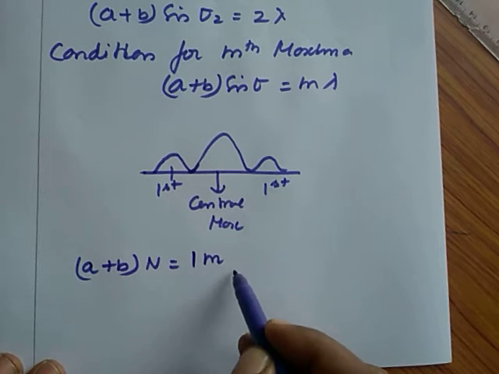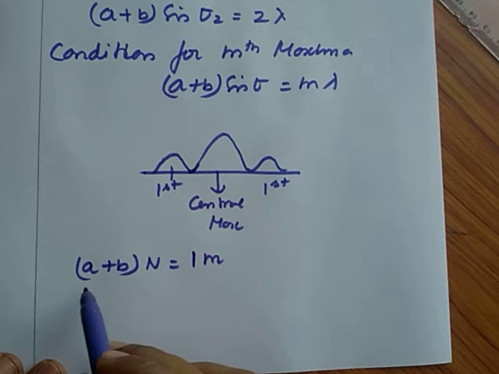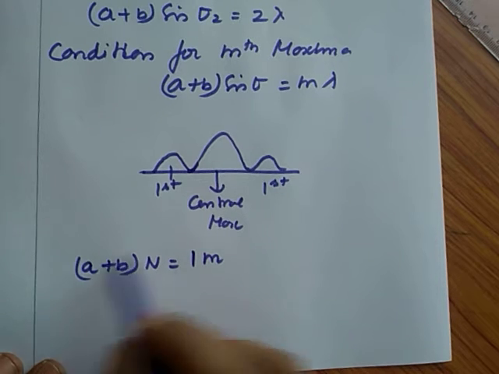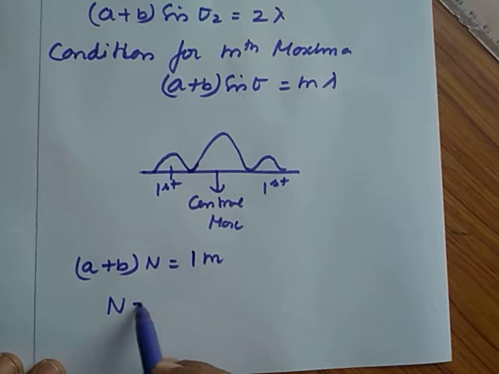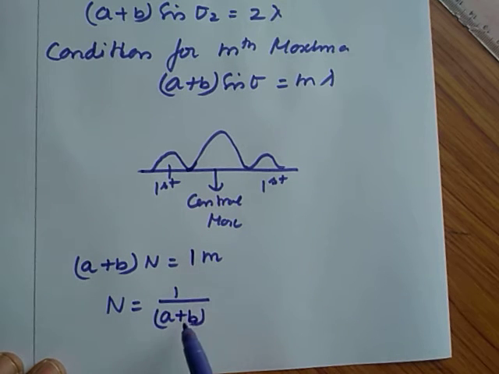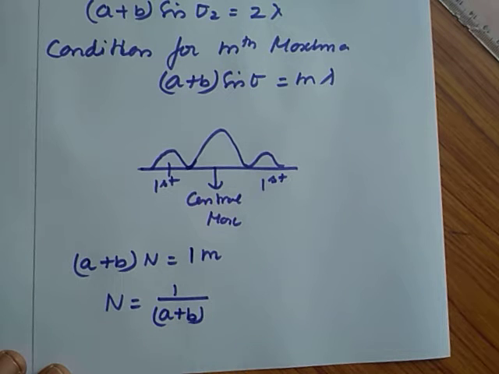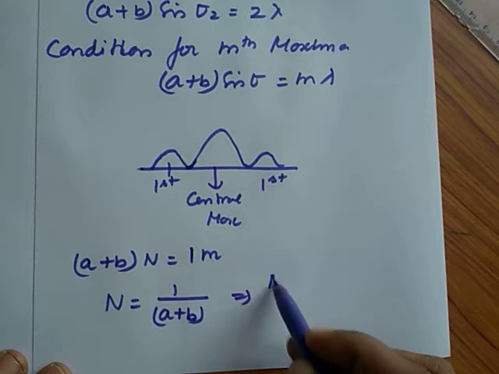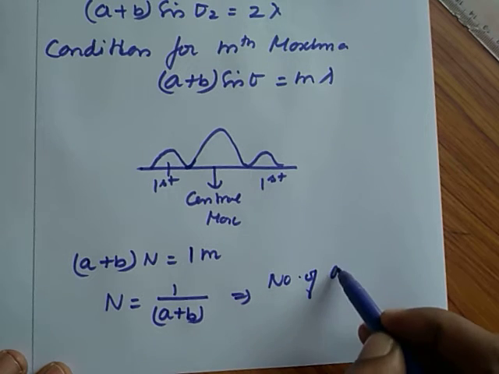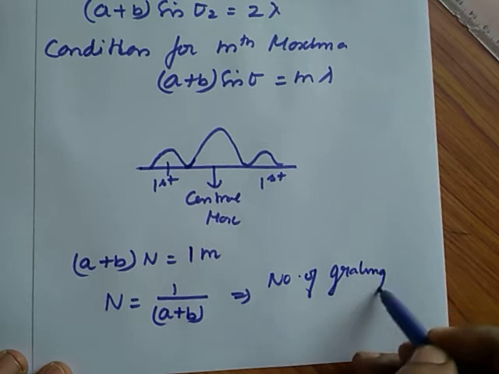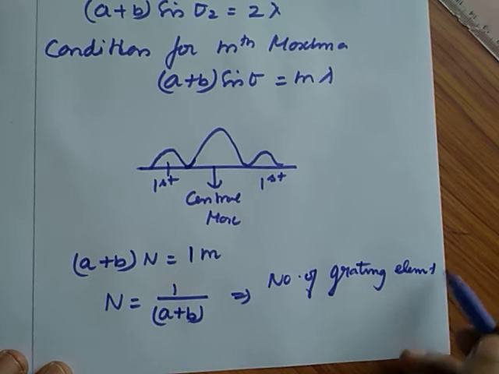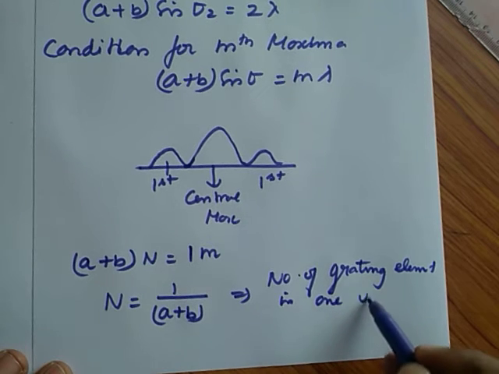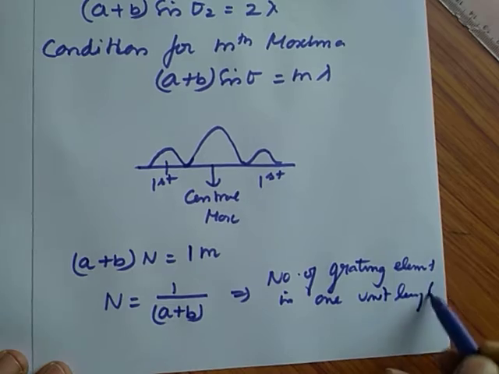So we can write n is equal to 1 by A plus B. Here n is the number of grating elements in 1 unit length, that means 1 meter length.